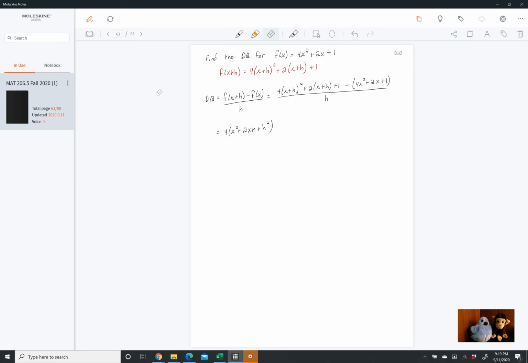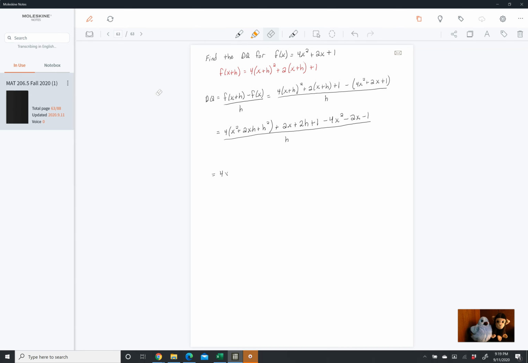So we square the x plus h. We can distribute this 2 as well, plus 1, and then we distribute the negative. Make sure that you actually do distribute the negative. And again, when we do the algebra, it's always going to be easy to know where we made a mistake.